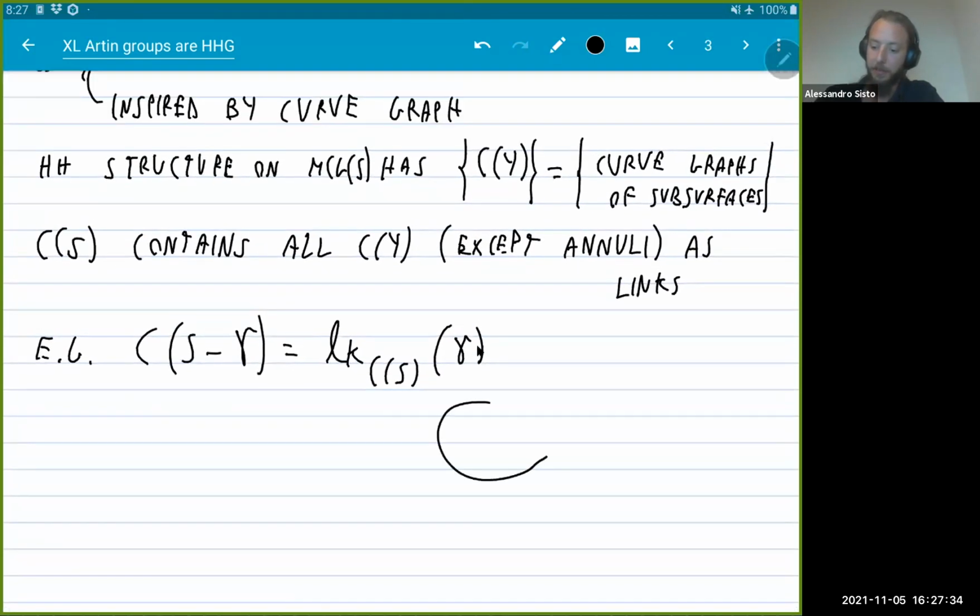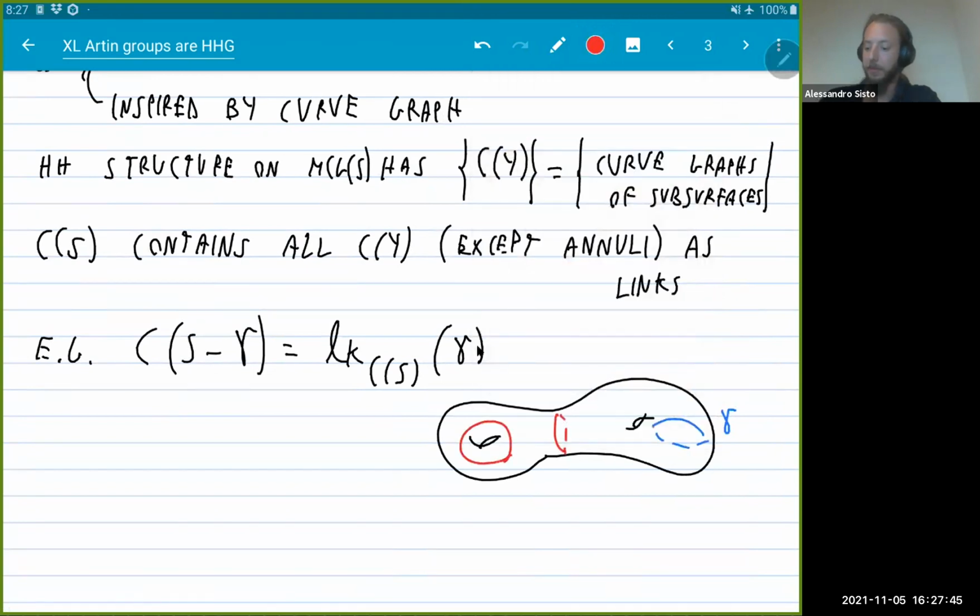Right, so you have your surface here, and maybe this is gamma, and then all the curves disjoint from gamma, you can think of them as curves on S minus gamma. Okay, all good?